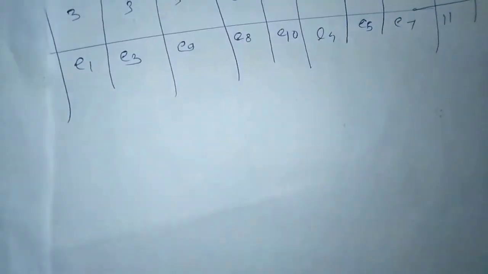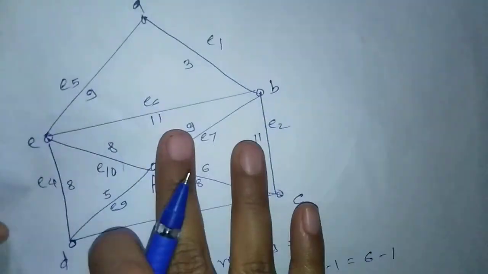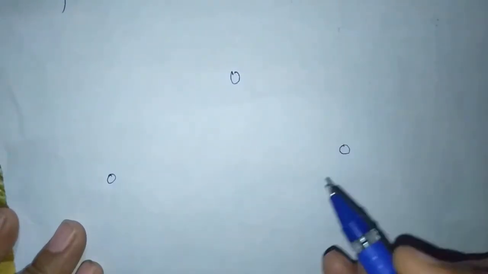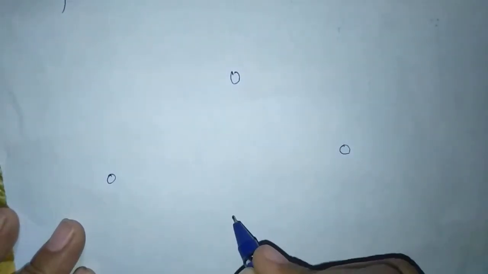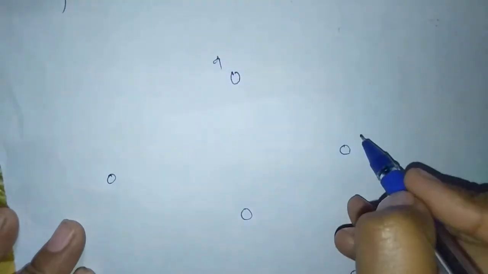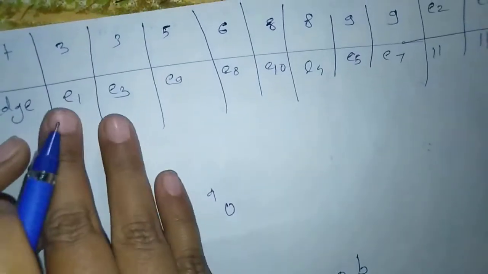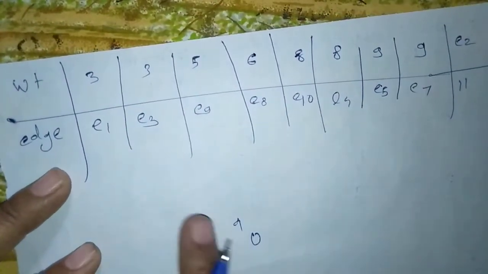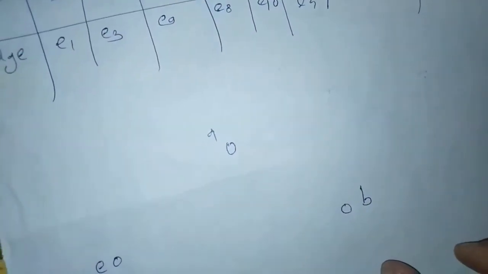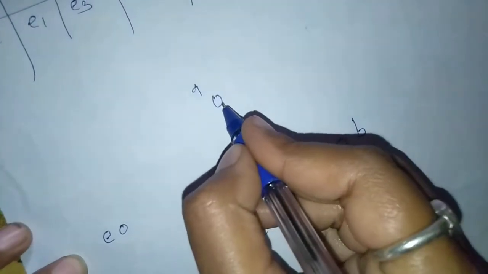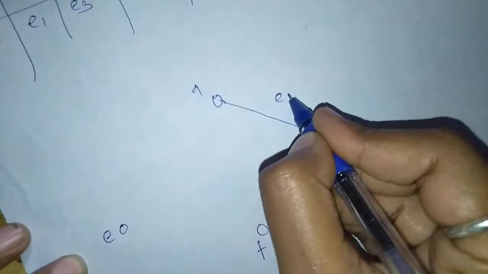Okay, now first of all put the vertices of this graph: A, B, C, D, E, F. Now take a minimum weight of edges, here 3. So first E1 edge with weight 3.